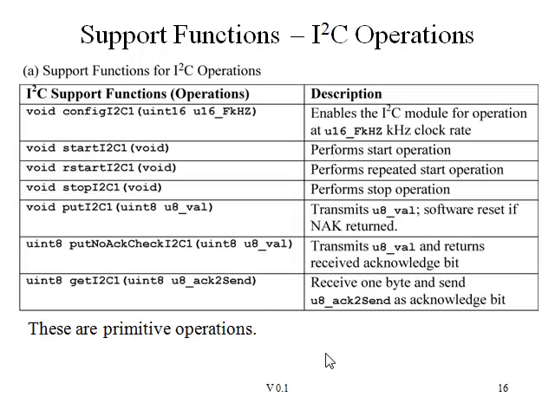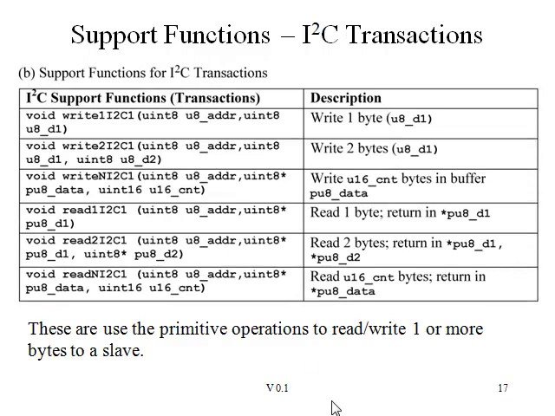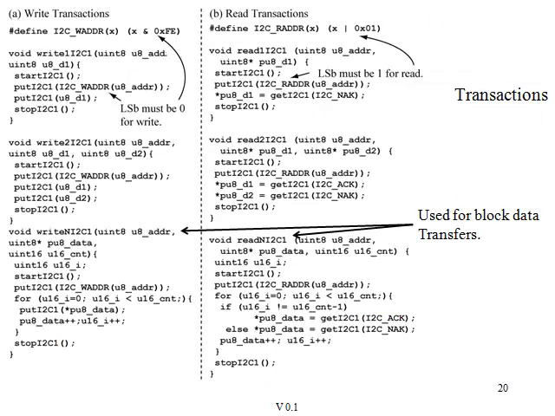We can use a series of primitive interface functions: start, stop, put, and get to communicate with a given device. Higher level functions, writing 1 or 2 bytes, reading 1 or 2 bytes, are implemented simply by beginning with a start, sending the address here with the write bit set, data to be written, and a stop for a 1 byte write.